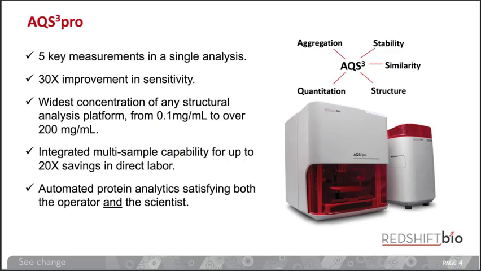And it has an integrated multi-sample capability using a well plate design for up to 20 times savings in direct labor costs. And finally, it has an automated and integrated protein analytics software suite, which is able to provide all levels of detail, satisfying the needs of operators through scientists.